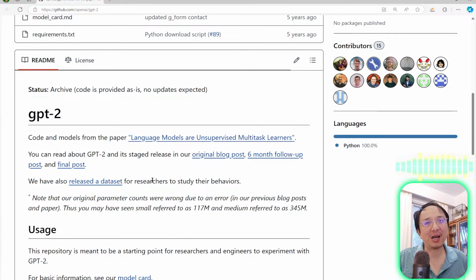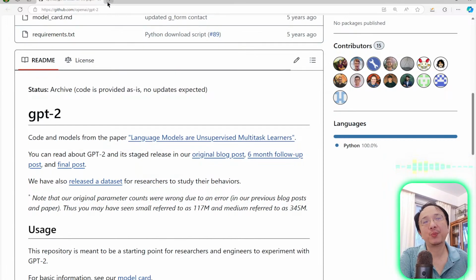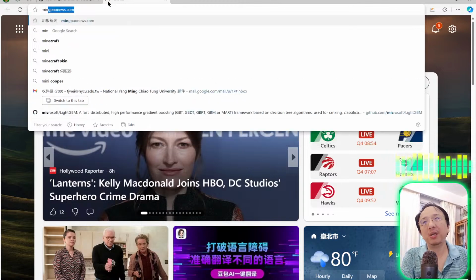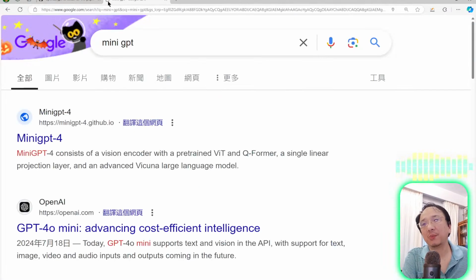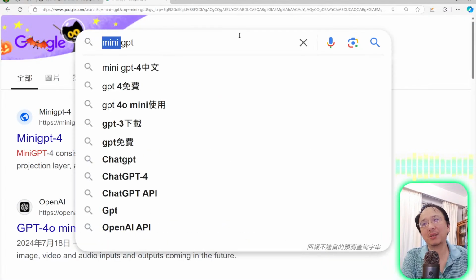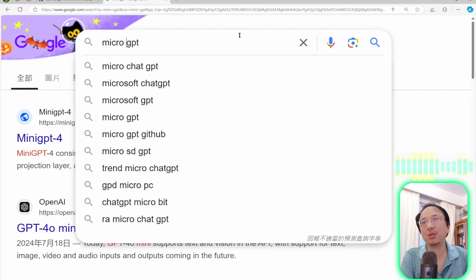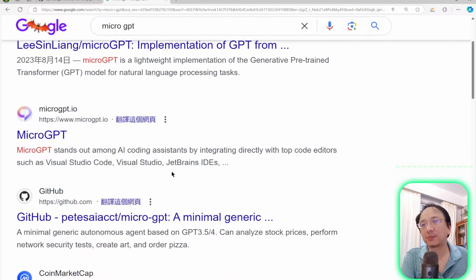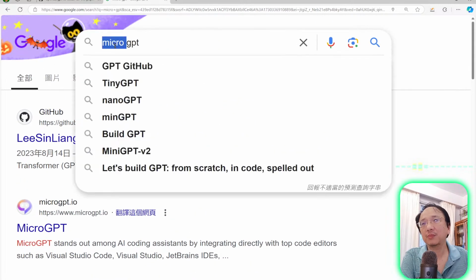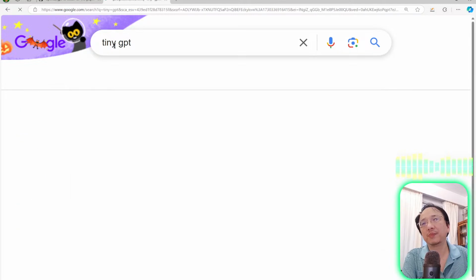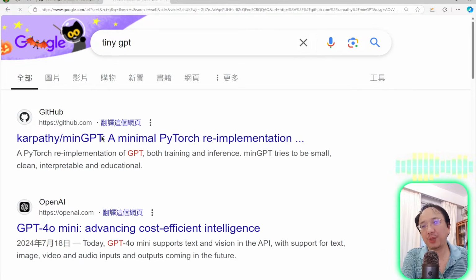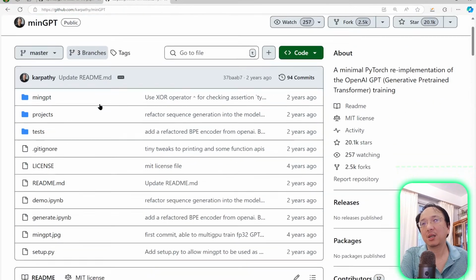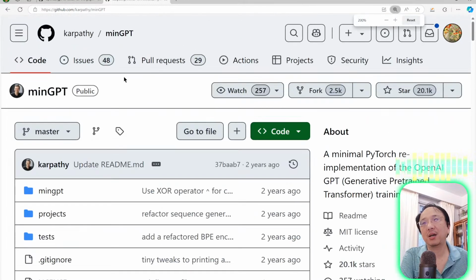So you can see that there are a lot of different implementations of GPT-2, like mini GPT, maybe a micro GPT, or like tiny GPT. Okay, min GPT. You can see this is an implementation from Karpathy.